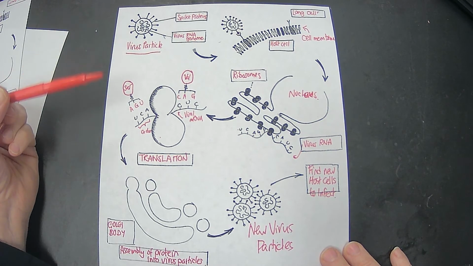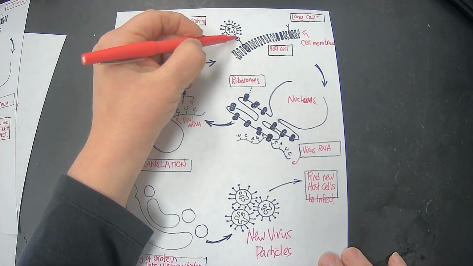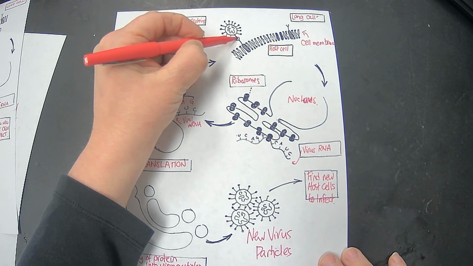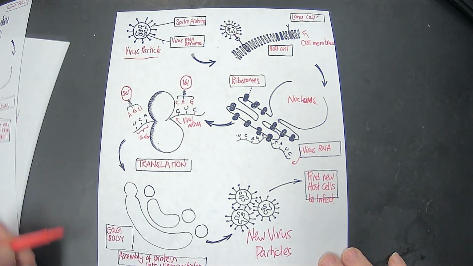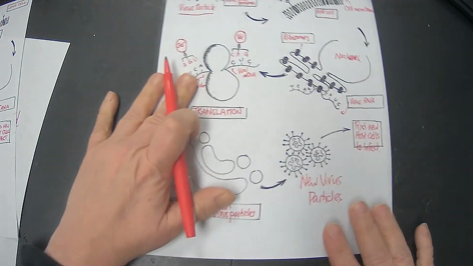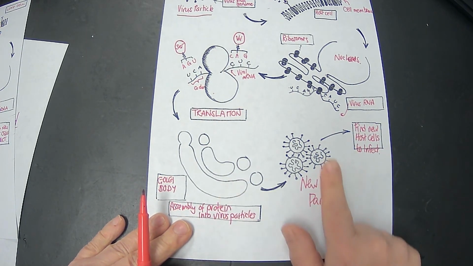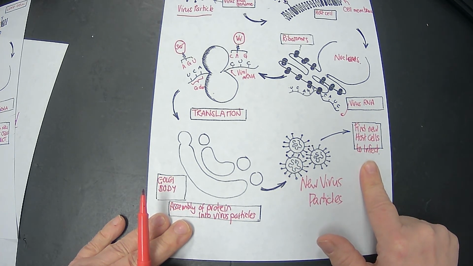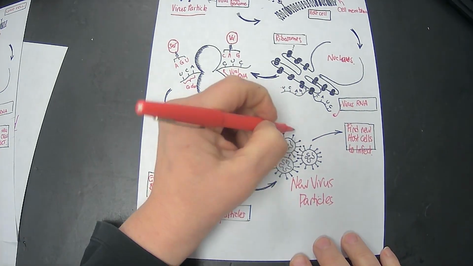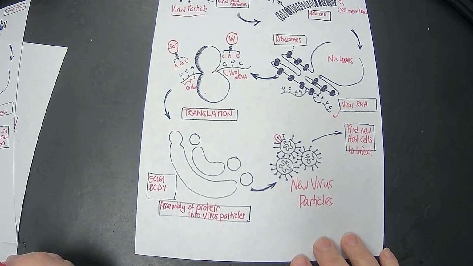They only inject you with a very small part of it, the little part of the viral RNA that is designed to produce virus spike proteins. So when we go through the whole process, what we're making are not whole virus particles which can then leave and infect someone else. We are only producing the spike protein.